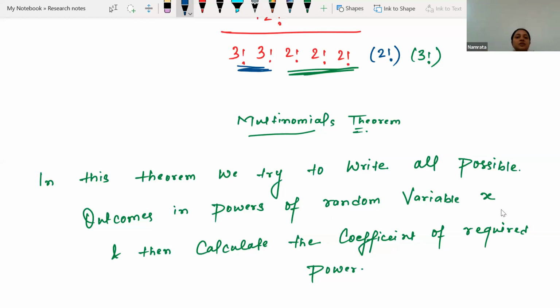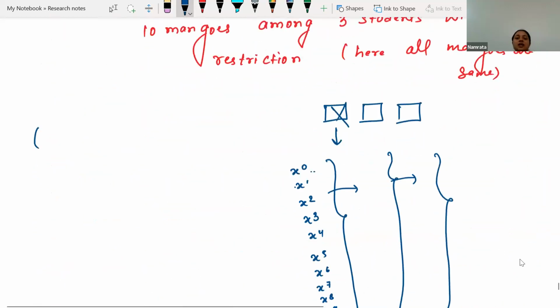I have written it down like that, right? Yes, ma'am. And then we have to calculate the coefficient of the required power. We will discuss that in a bit. Okay, let's write it first.